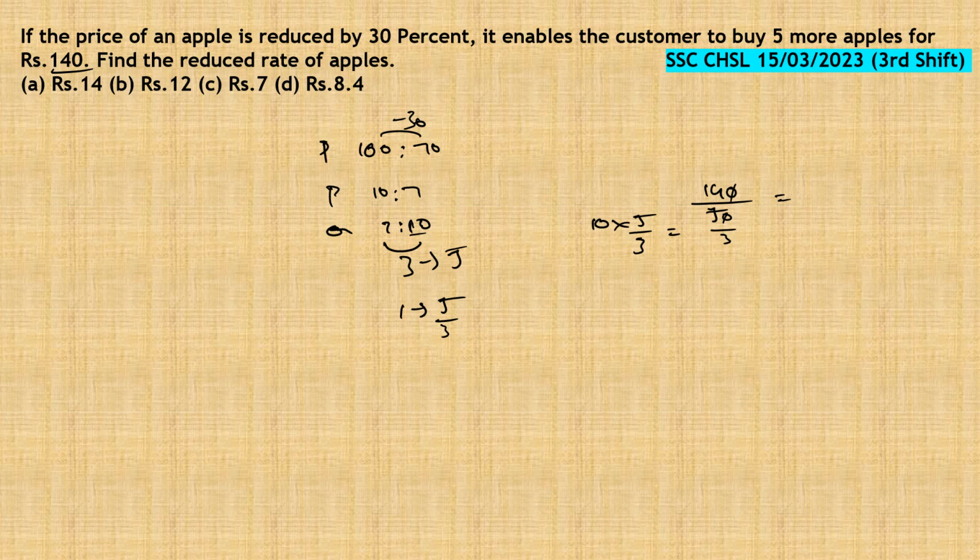The 0 gets cancelled. 14 3s are 42 divided by 5, which gives 8.4 is the answer. Option number D. Understood?